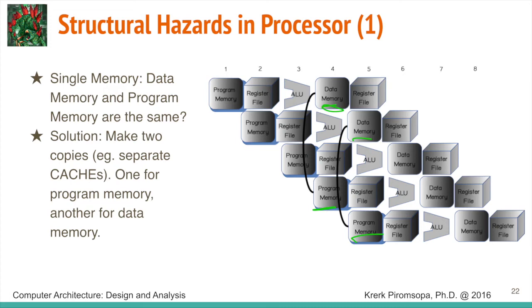How to solve it? If somehow you can make it two different copies, it's like you got one page of paper and you want two persons to read from it at the same time. Well, let's make a copy. One person reads from one, another one reads from the copy. So in our case, we can use two separate caches, one for data memory, another one for program memory. This way, you can read them both at the same time.